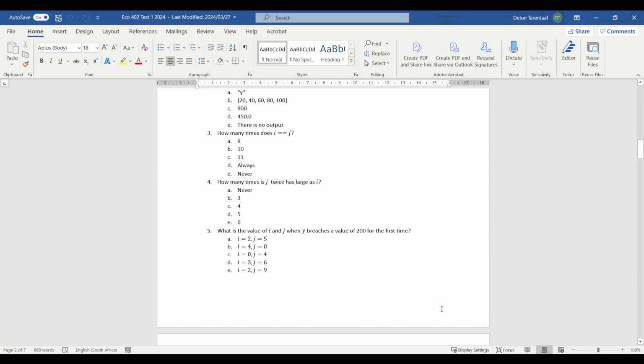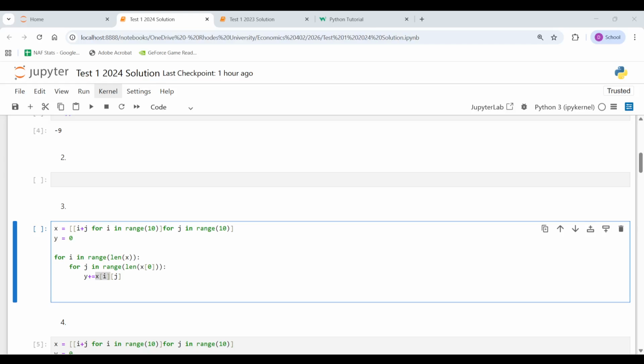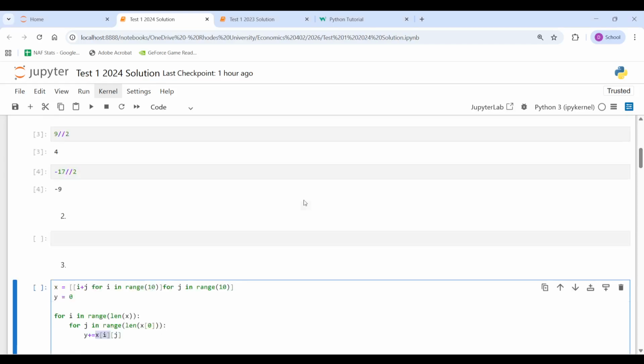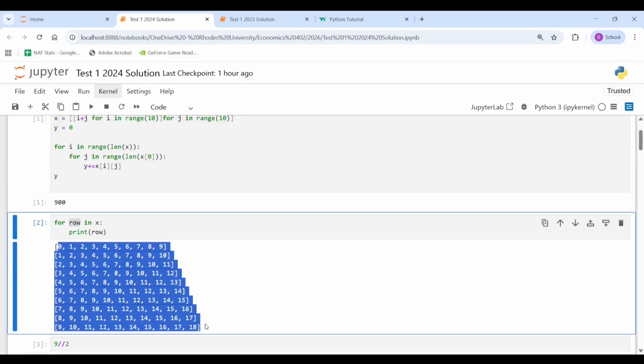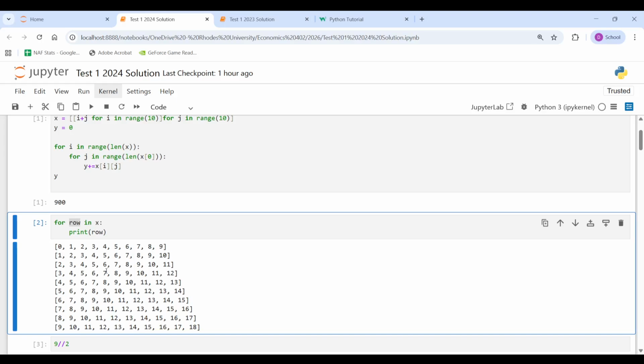So I'm going to loop through the system. I'm going to loop through this, right? And then I'm going to add the values together. The question is, at what address, if I were to add that value to y, is it going to exceed 200, right?